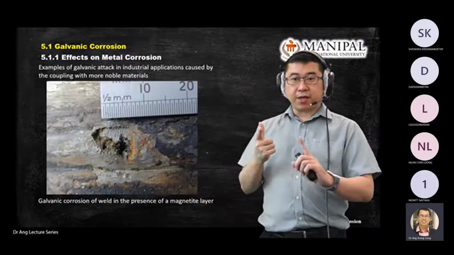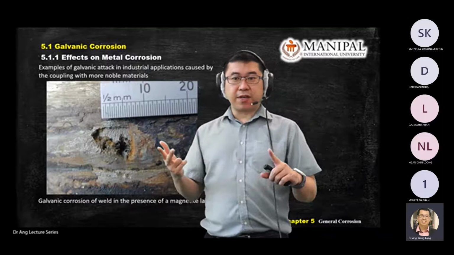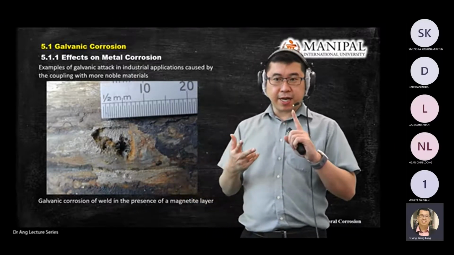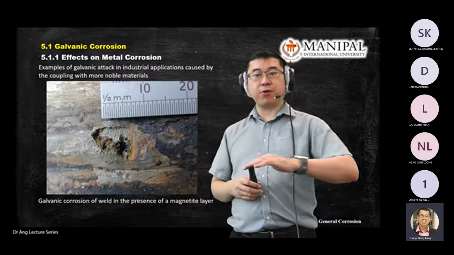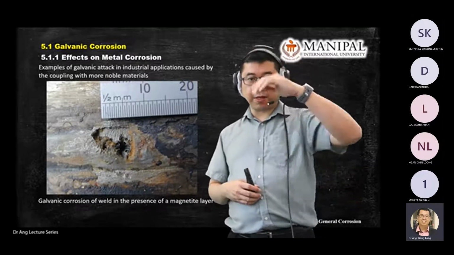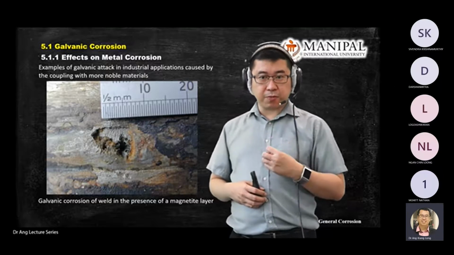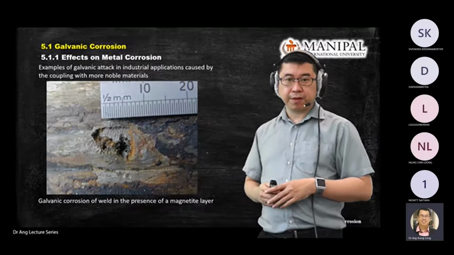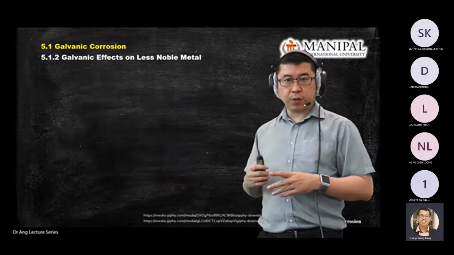We can calculate the corrosion rate if you know the other parameters. You can calculate the current in the less noble metals or the more noble metals. The surface area exposed can also be calculated if you know the other parameters. Right. Now we look at less noble.